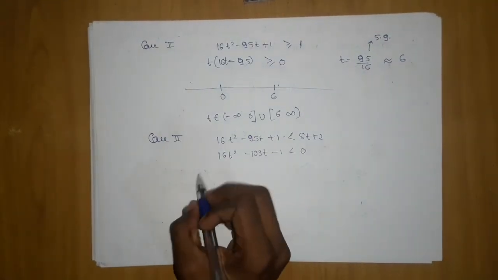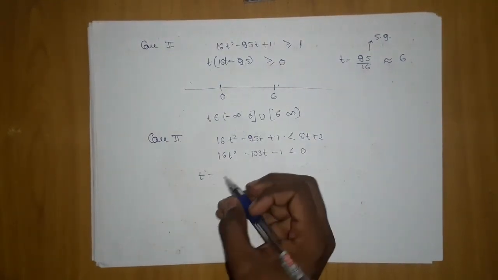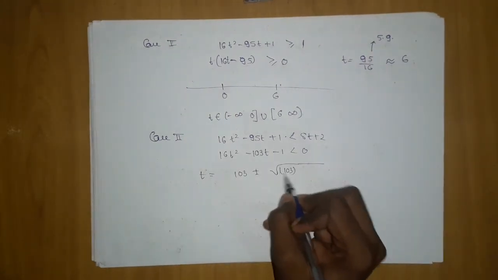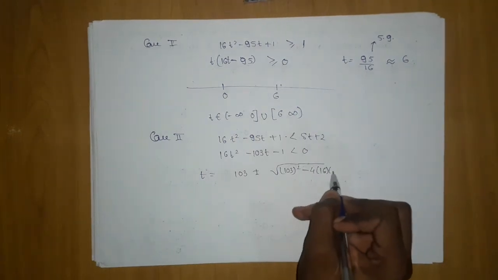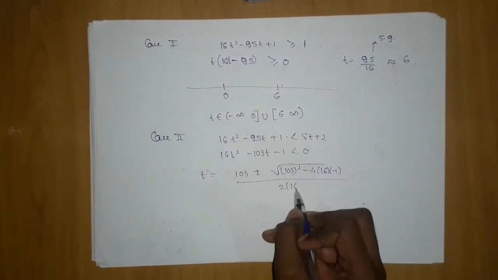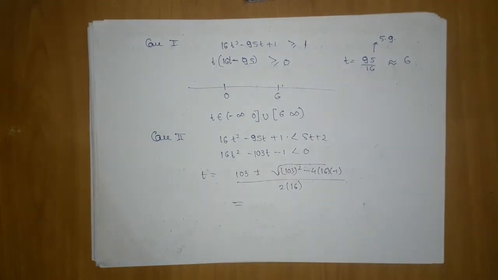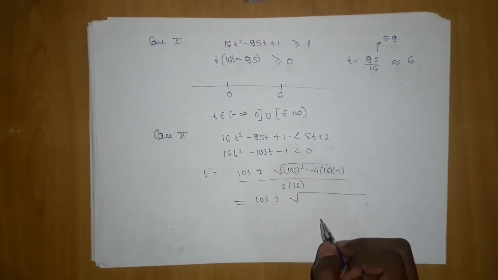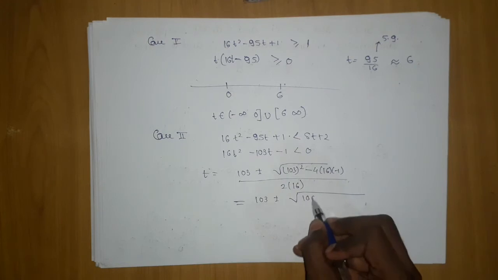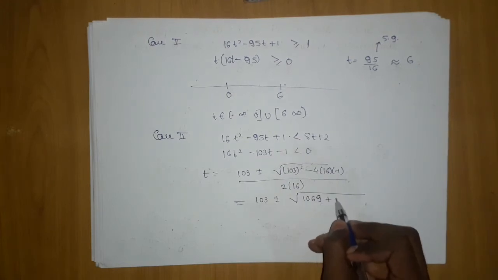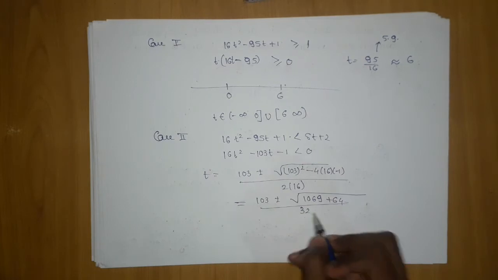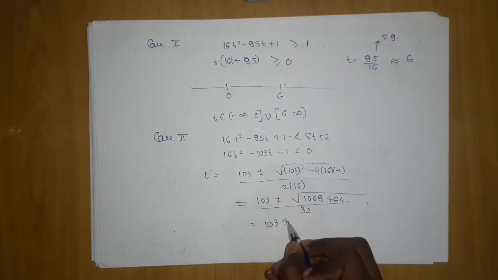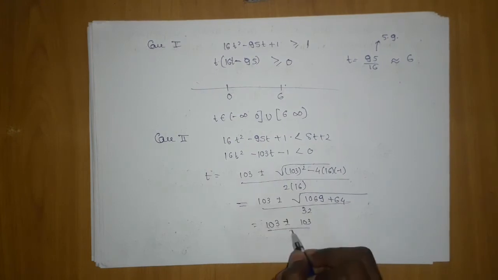If I solve, I get the roots: t is equal to 103 plus minus under root of 103 square minus 4 into 16 into minus 1, upon 2 into 16. 103 square is 1069 minus 64, upon 32. So this under root value is nothing but 103 upon 32.